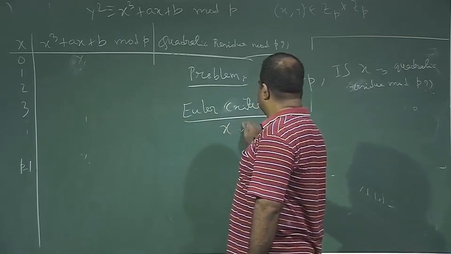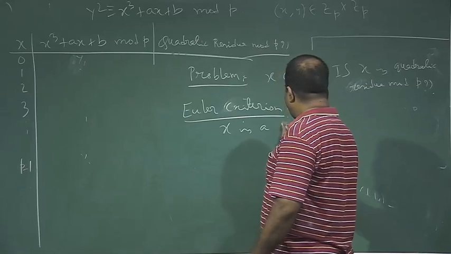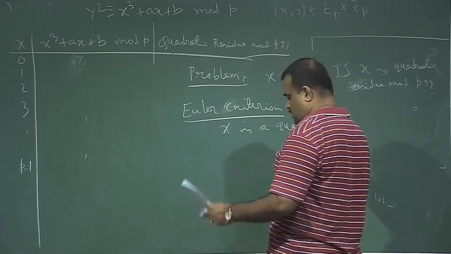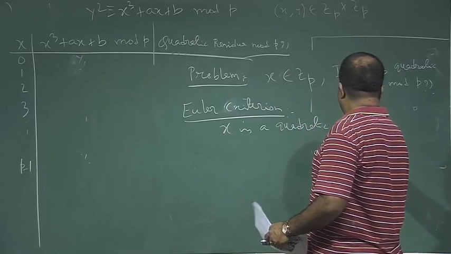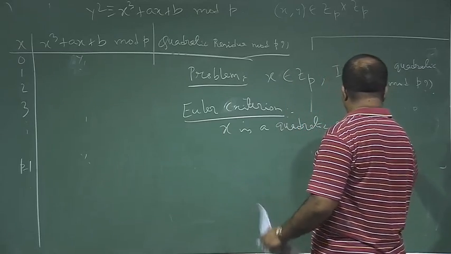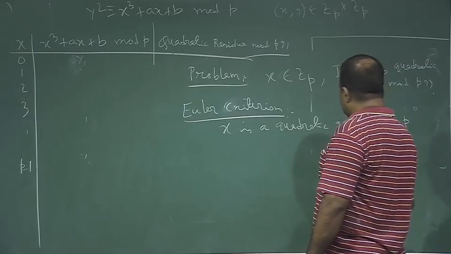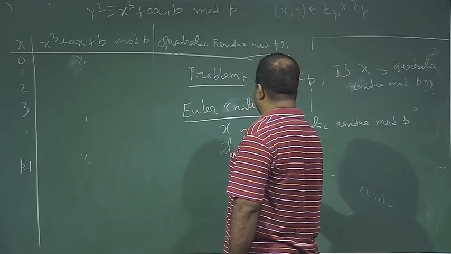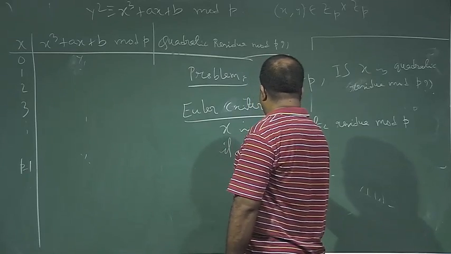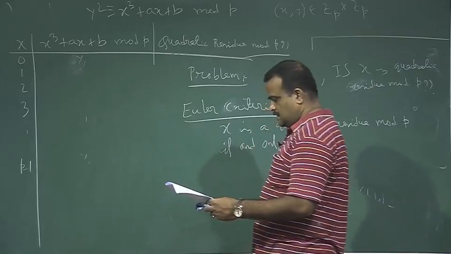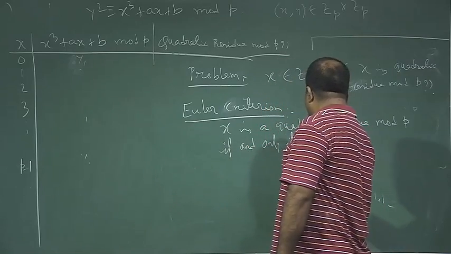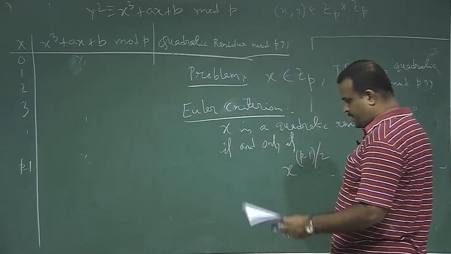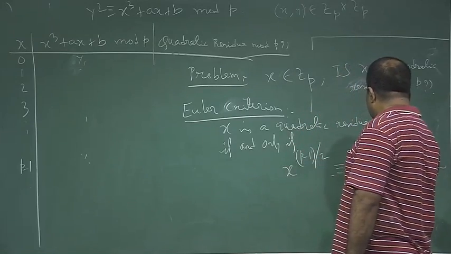This is a theorem: x is a quadratic residue mod p if and only if, this is the necessary and sufficient condition, x to the power (p minus 1) divided by 2 is congruent to 1 mod p.